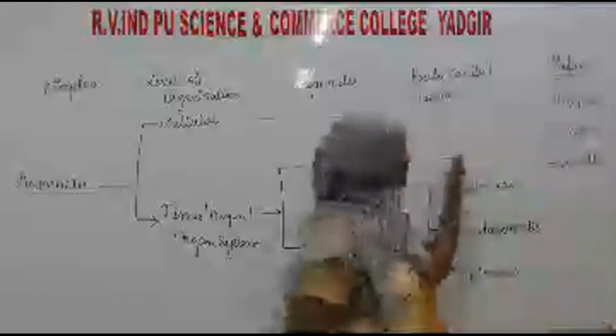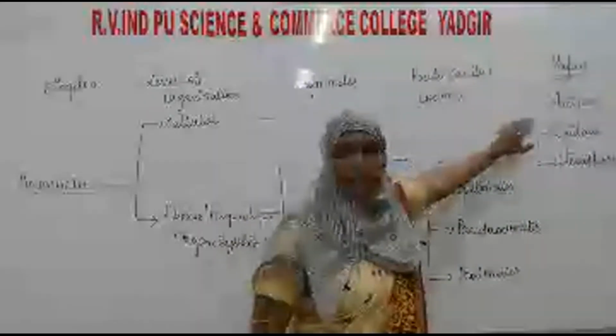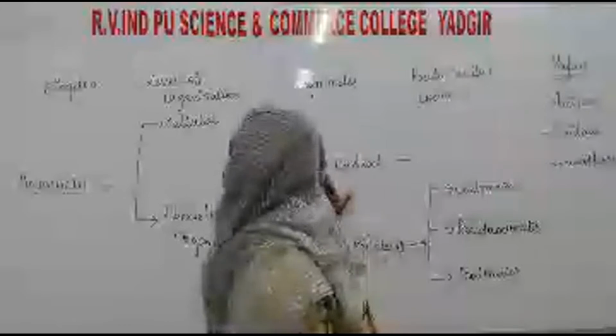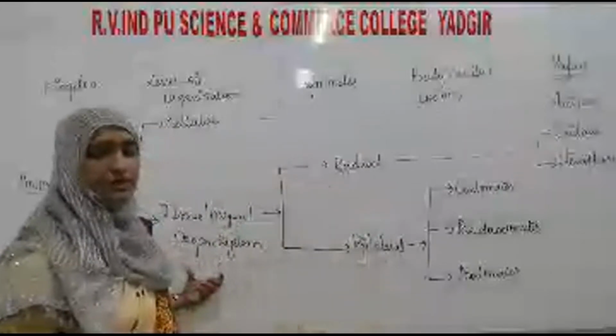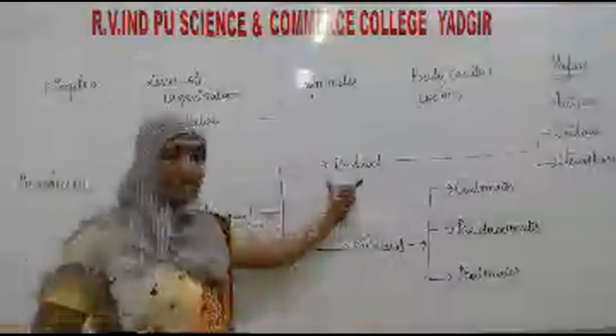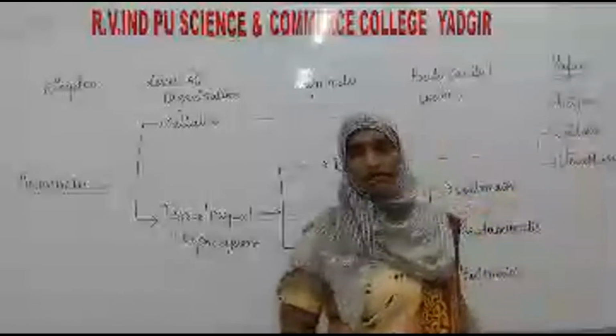Understanding? Animals with cellular level of organization, that is Porifera. Animals with the tissue, organ or organ system level of organization with radial symmetry, two phylums are there, Cnidaria and Ctenophora.